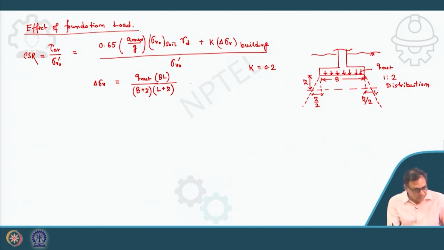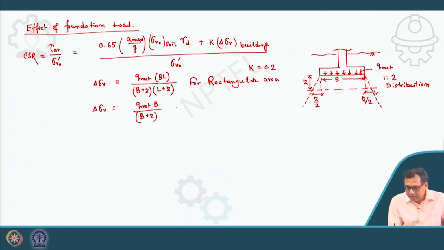For a strip footing, del sigma V will simply be Q net into B divided by B plus Z. Clear?